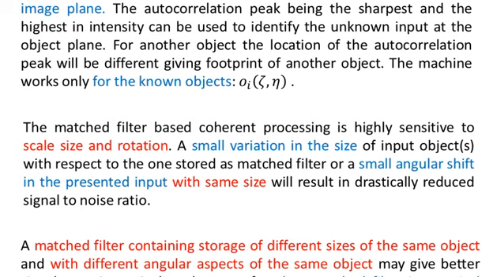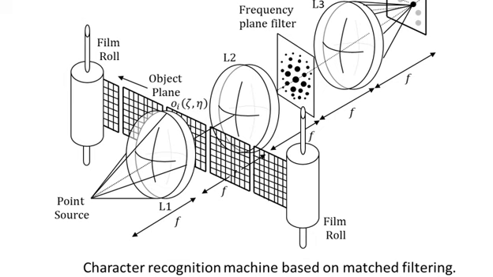So you see that our object should have the same size and the same orientation when we place it in this machine. However, the placement could be different with respect to the lens L1. So these objects could be placed at different locations with respect to the lens L1, but they should be placed in the same orientation. So the orientation must be the same, no rotation and no scaling, no change in size should be there.